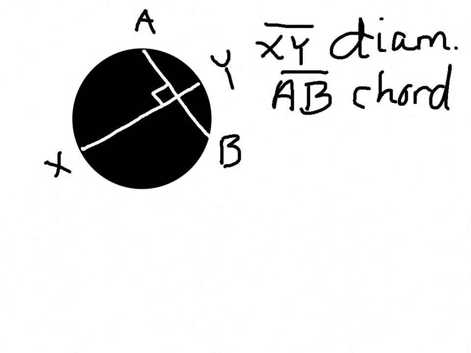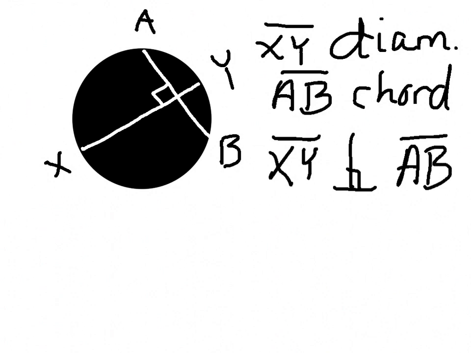So the first thing I want to say is that if you have a diameter that is perpendicular to a chord, so the way I have it in the diagram, I have XY is perpendicular to AB.